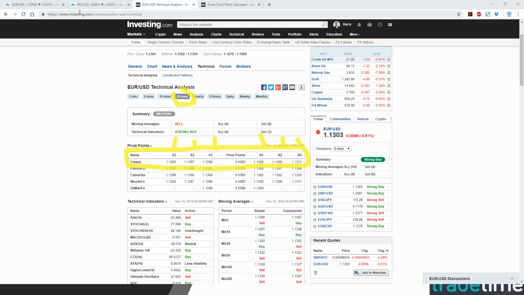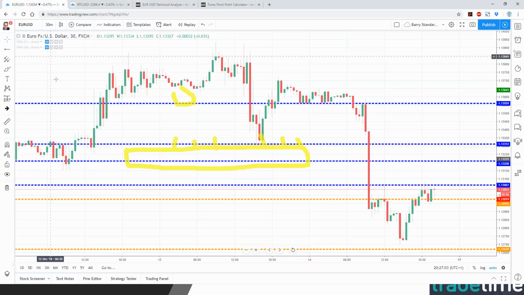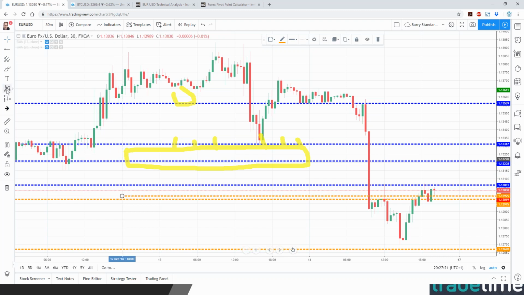So let's go back over to my euro US dollar, and we're going to put this 112.99 on our chart. So we're going to locate 112.99.